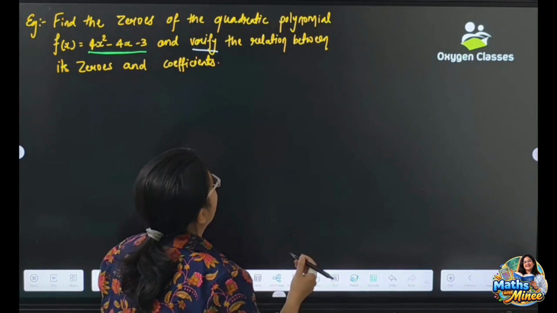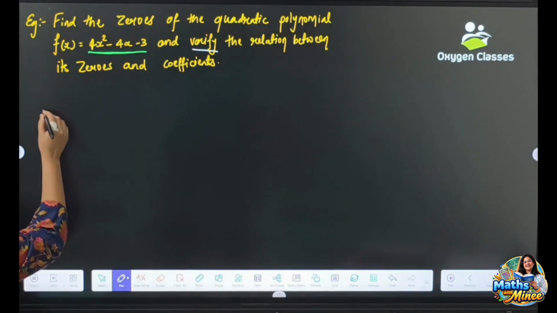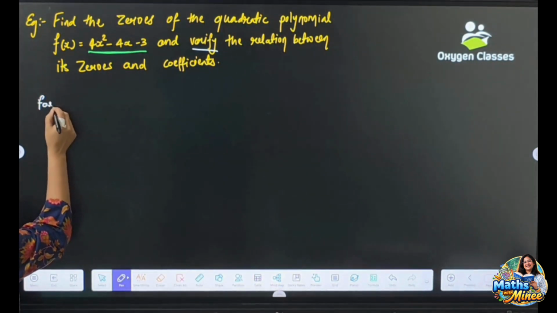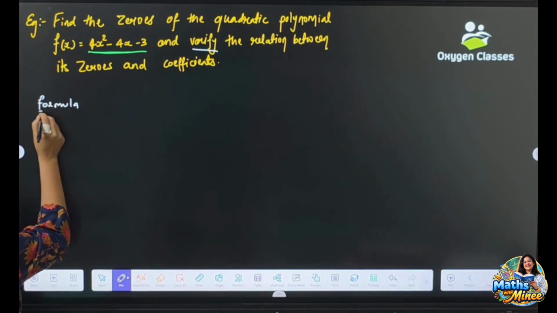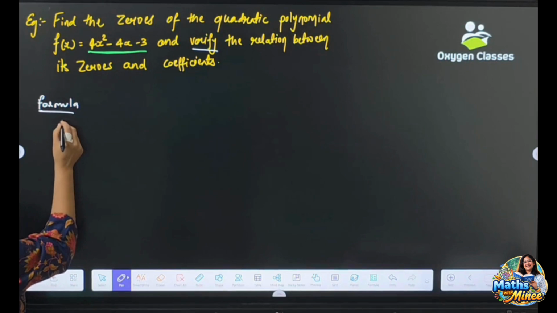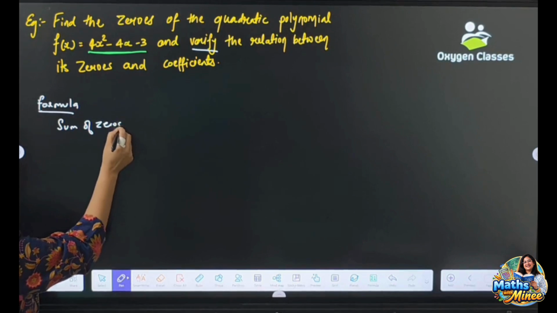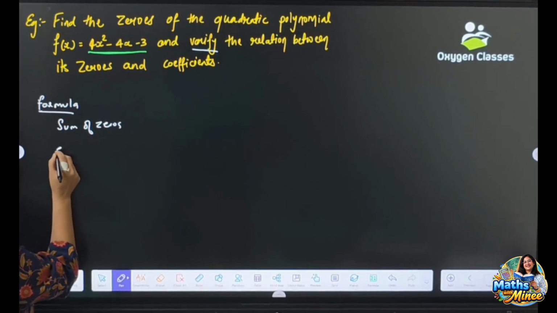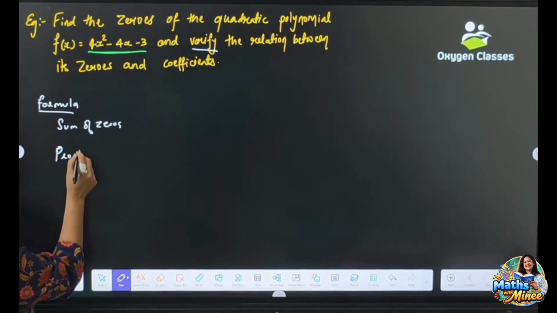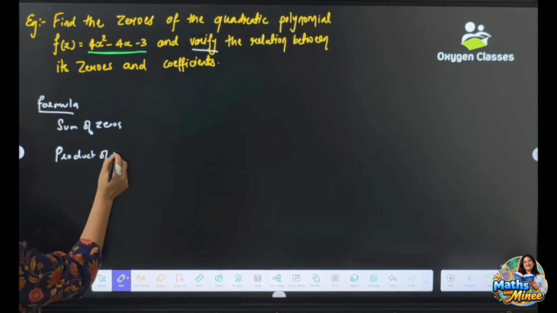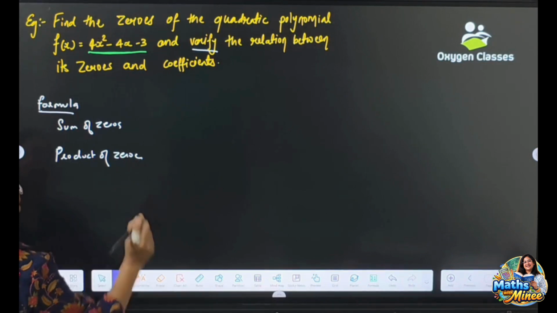So first let us write the formula for the sum of zeros and the formula for the product of zeros.